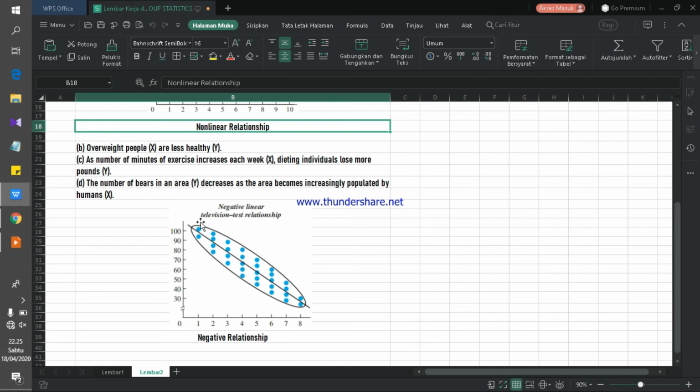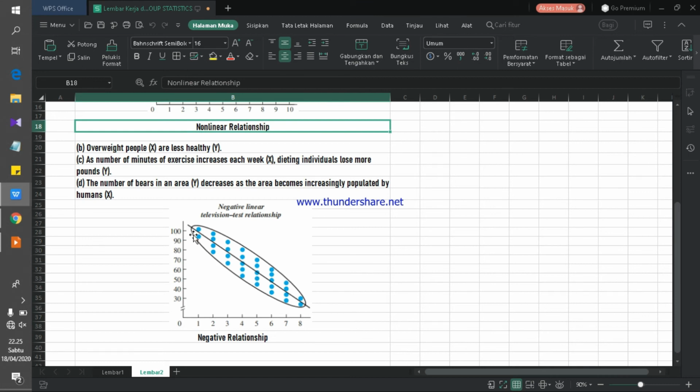Here is the graphic. X data is increasing, right? For example, the data starts from 0 until 8. So it is increasing. But the Y data is less. Less means that it is decreasing, right? From 100 into 20.